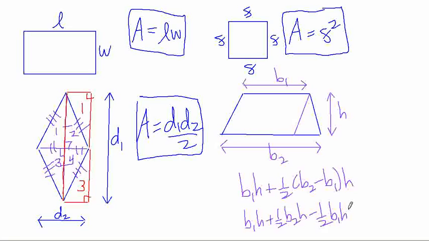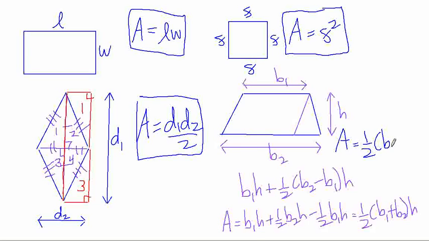I can combine the terms that contain B1h and factor out the 1/2, and this is the area of a trapezoid, I'll get 1/2 B1 plus B2 times h. Okay, so like I did with the other ones, let me write it in blue with A equals formula. So for the trapezoid, we have A equals 1/2 times the sum B1 plus B2 times h.